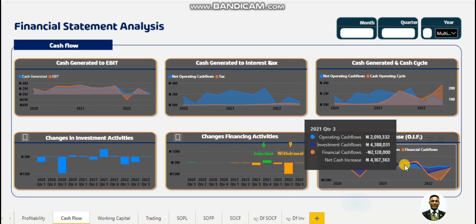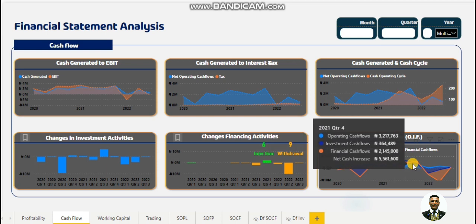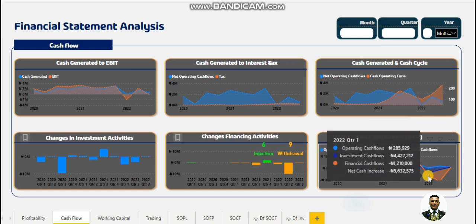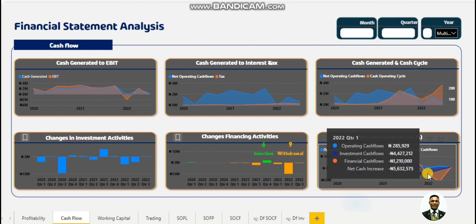We saw a positive one from the third quarter of 2021. We saw another positive one from the fourth quarter of 2021, but into the first quarter of 2022. Remember, this was a period where it experienced its deepest fall.